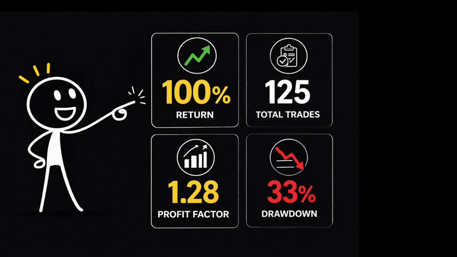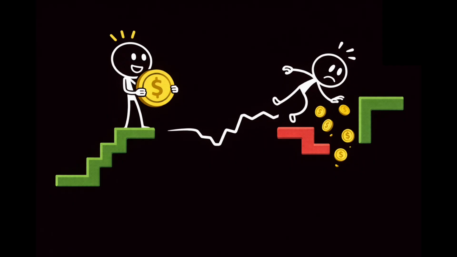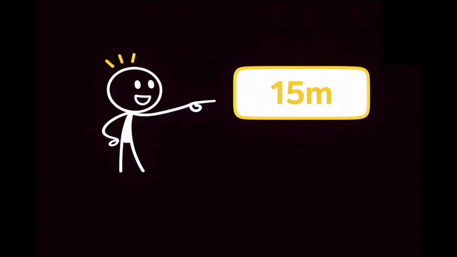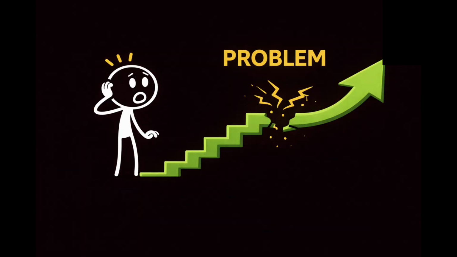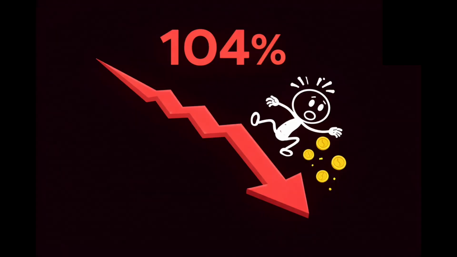Profit factor, 1.28. Drawdown, 33%. This is decent, but not extraordinary. Next, the 15-minute time frame, return increased to around 200%. Looks great, right? But here's the problem. Drawdown, 104%, which means your account is wiped out. Even though returns look good, you cannot survive this.